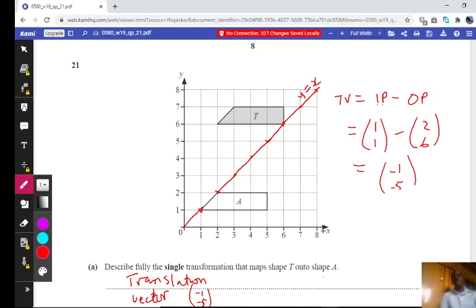Then after that, you now want to reflect this triangle T on this line. Please take note, on reflection, the distance of the image from the line of reflection is exactly the same as the distance of the original point from the same line of reflection. So here, this point will still be here.